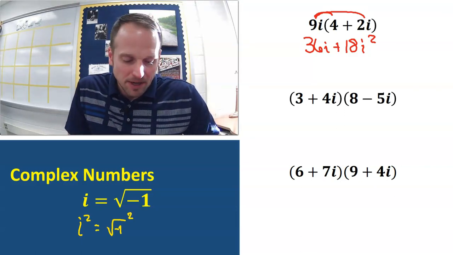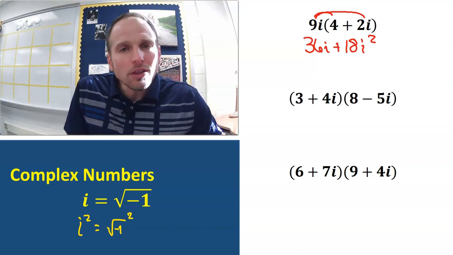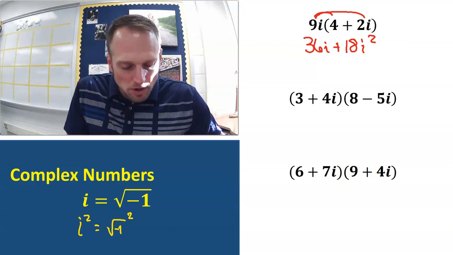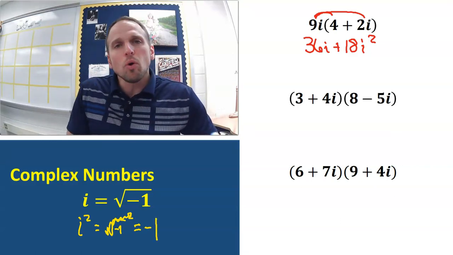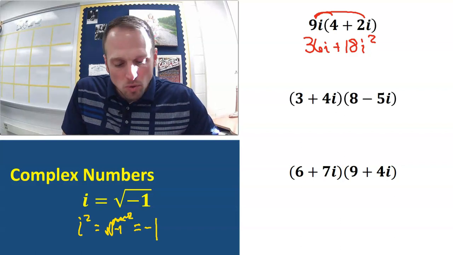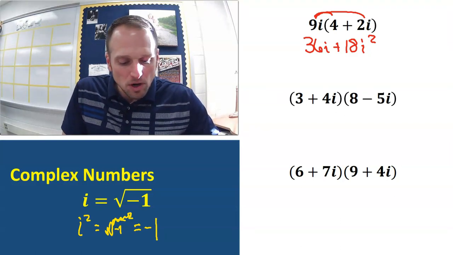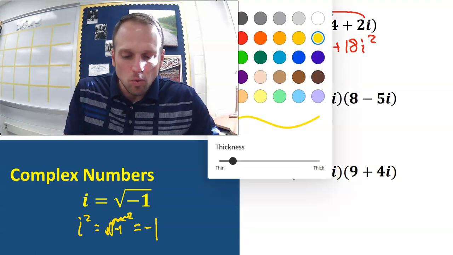Square both sides. That makes sense. Well, what do we know about the square root of a square root when you square it? A square root and a square will just cancel. So i squared is actually just equal to negative 1. So i is equal to the square root of negative 1, and i squared is equal to negative 1.